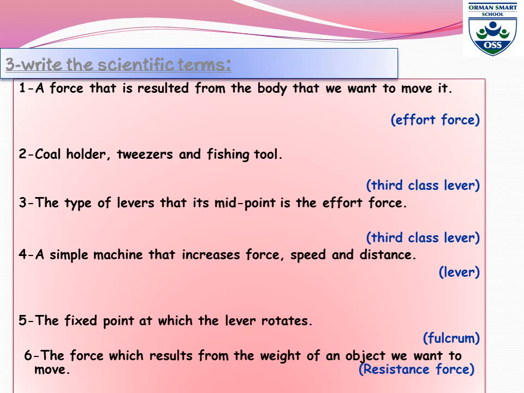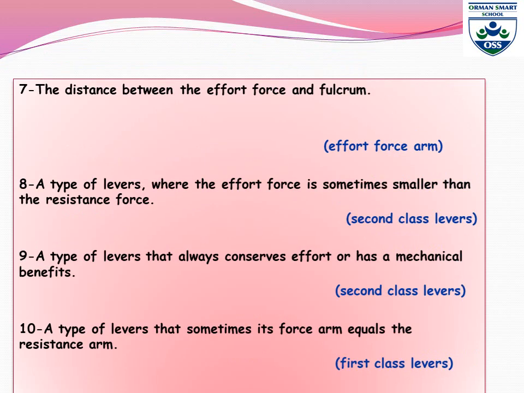The fixed point at which the lever rotates is the fulcrum. 6. The force which results from the weight of an object we want to move is the definition of resistance force. 7. The distance between effort force and fulcrum is the effort force arm.